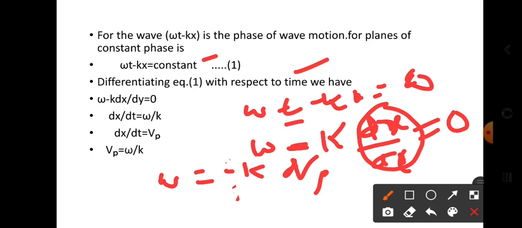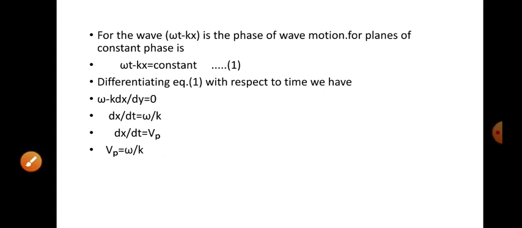Since we brought it to the other side, it becomes plus. Bring k to this side: omega by k equals Vp. So that is the same thing we got. Like this we have to derive this one.